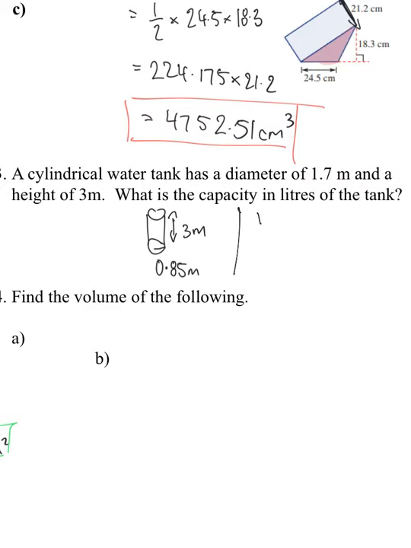We're going to find the volume of our water tank. So it's going to be pi times radius squared times our height, which is pi times 0.85 squared times our height, 3.